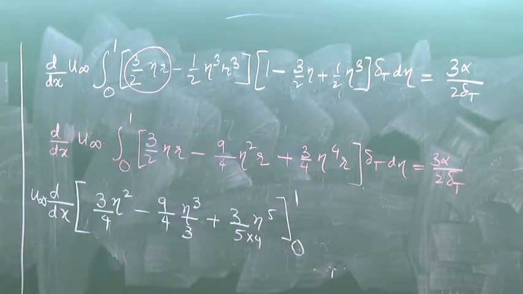R into delta T becomes, so R is equal to delta T by delta.